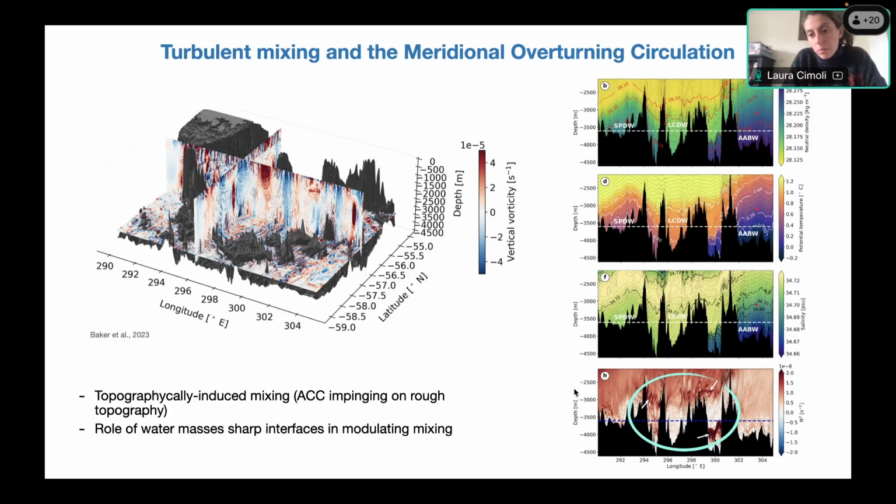Of course, none of the climate models have a resolution to resolve these processes, but we do see these interfaces in observations. It's a missing piece of the puzzle, since models generally have a much broader diffusivity, rather than this patchy but high-intensity turbulence.